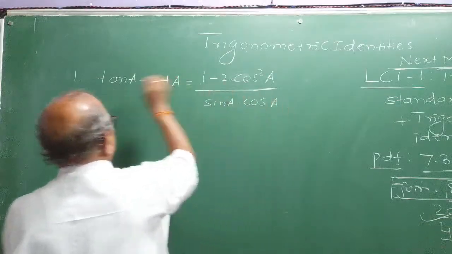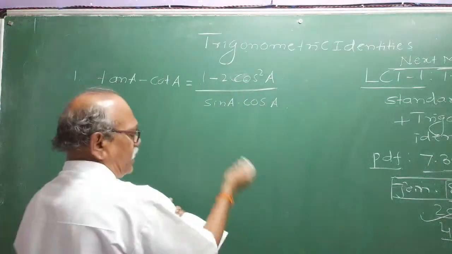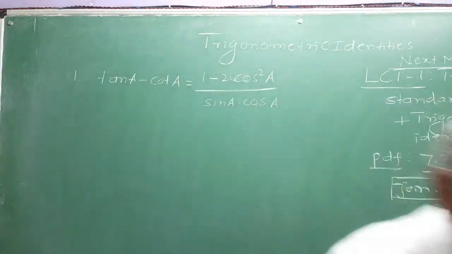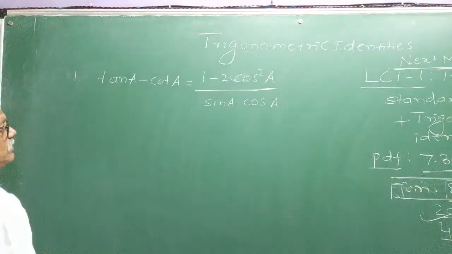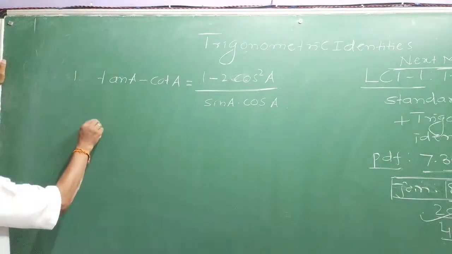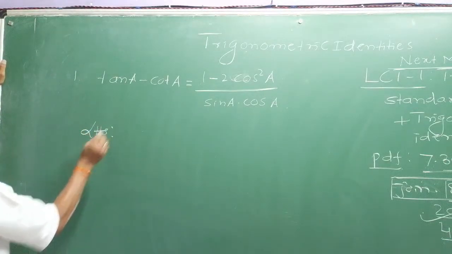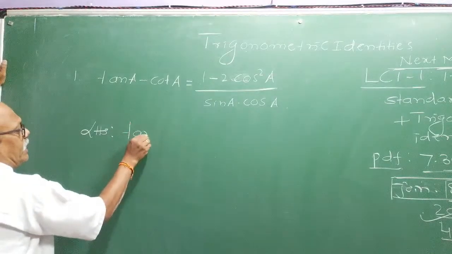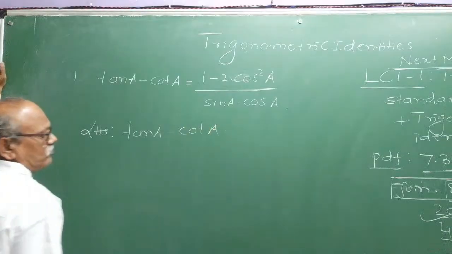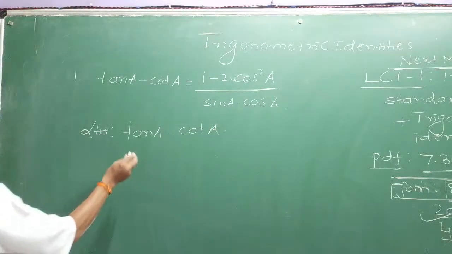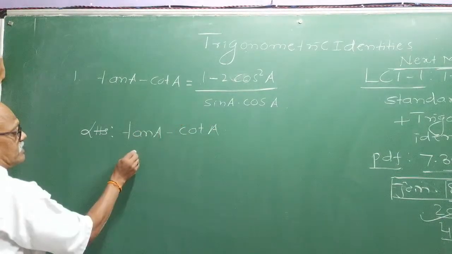You can start from LHS and arrive at RHS. Let us take LHS: tan A minus cot A. You can use the identities given in the 33 identities, in sin and cos, since the RHS is in sin and cos.